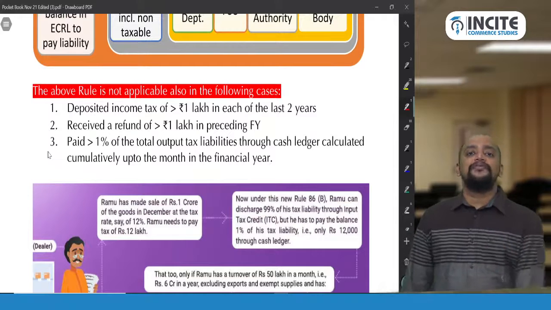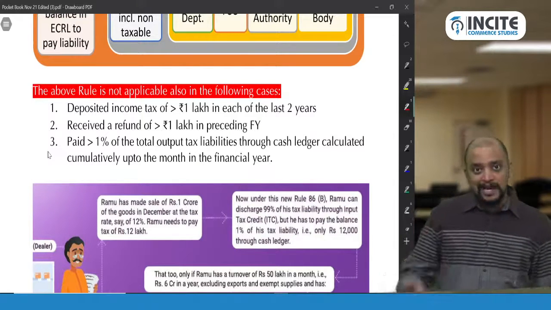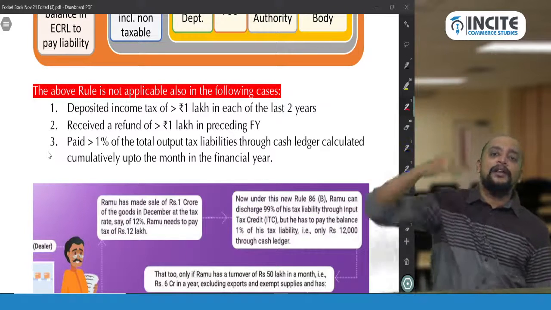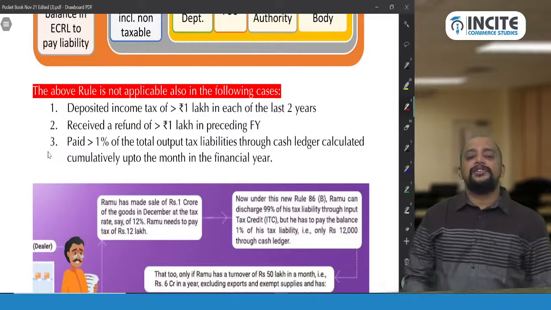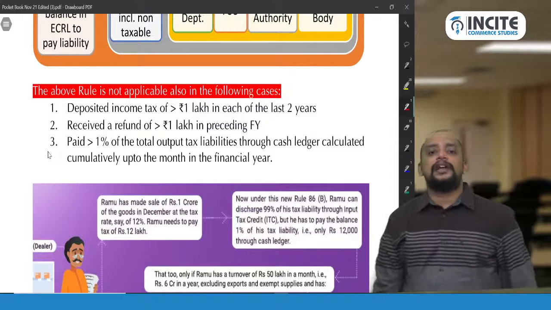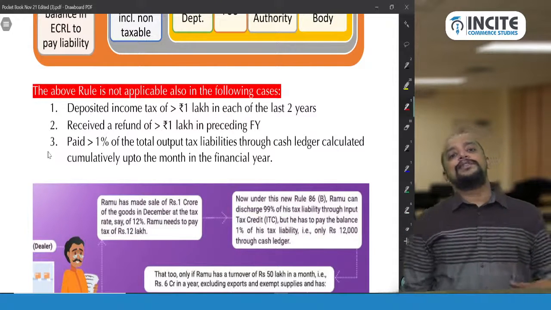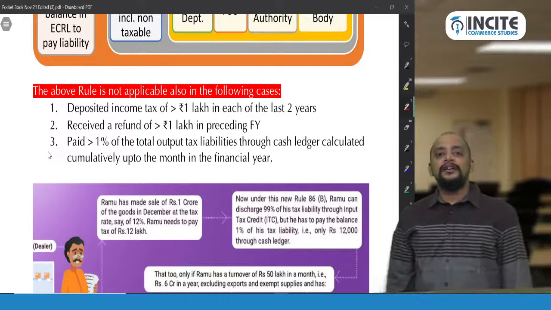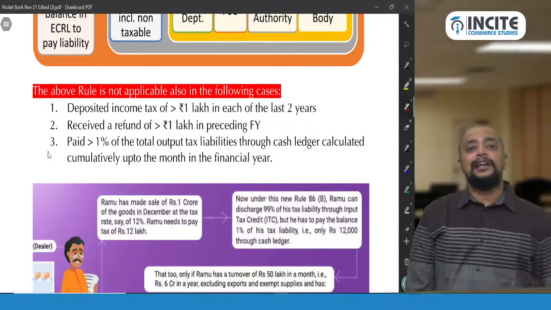cumulatively up to the current financial year, that is in the current financial year, starting from April to that particular financial year month, whichever month you are calculating. So if already 1% has been discharged through the electronic cash ledger, then they don't have to pay that particular month through the electronic cash ledger.